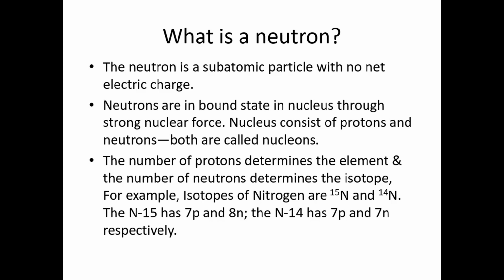However, nitrogen-14 has 7 protons and 7 neutrons. So you can see that the change of the number of neutrons is going to dictate the isotope nature, and the number of protons within the nucleus decide about the nature of the chemistry of the element.